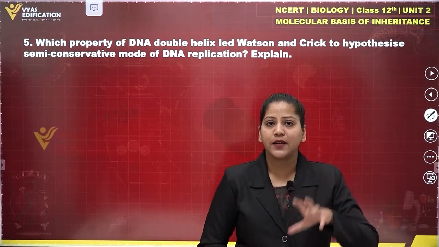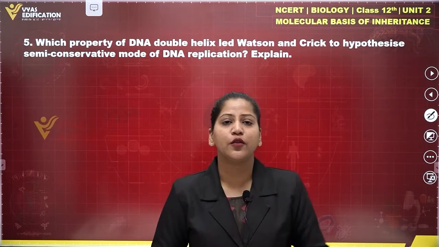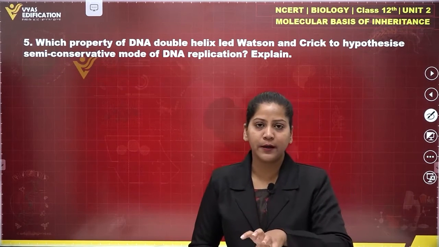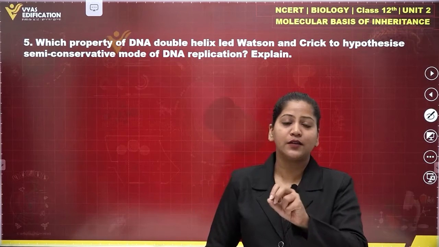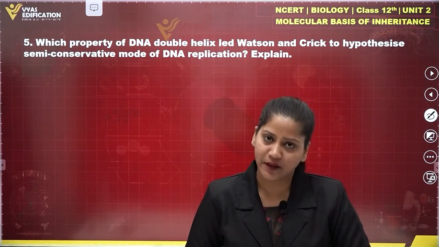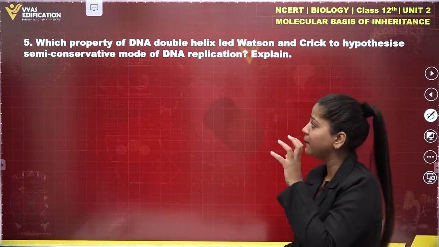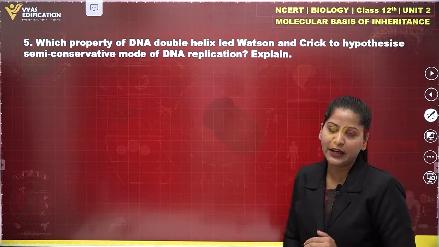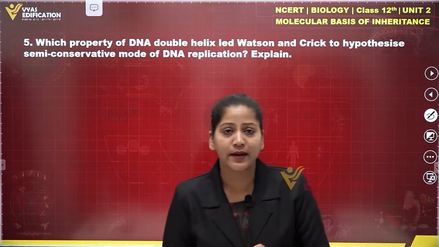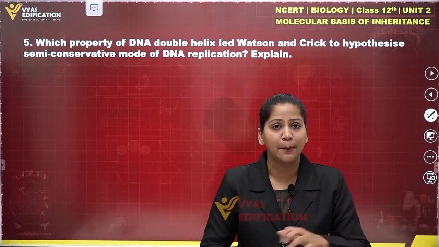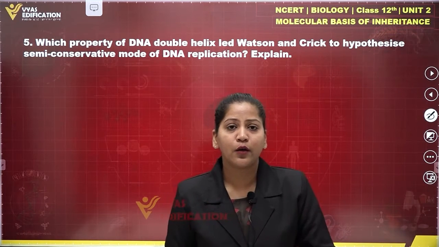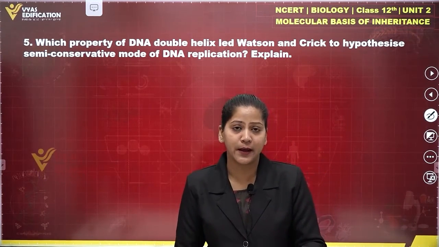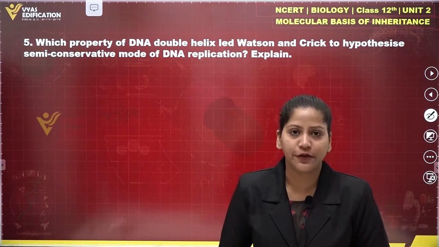Now, this anti-parallel arrangement of two strands of DNA allows hydrogen bonding between amine and carbonyl group of the complementary base pairs. This led them to hypothesize the semi-conservative mode of replication, wherein the two strands of DNA first separate from each other, followed by copying of both the strands of DNA to form two molecules of DNA.